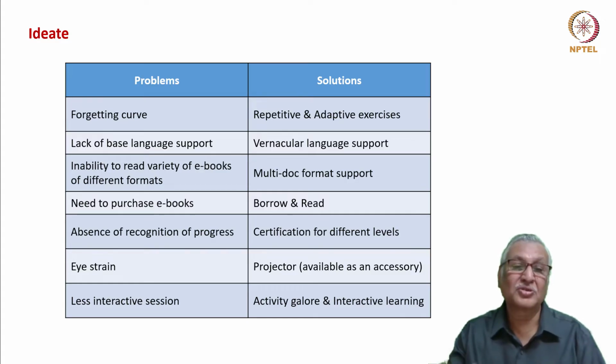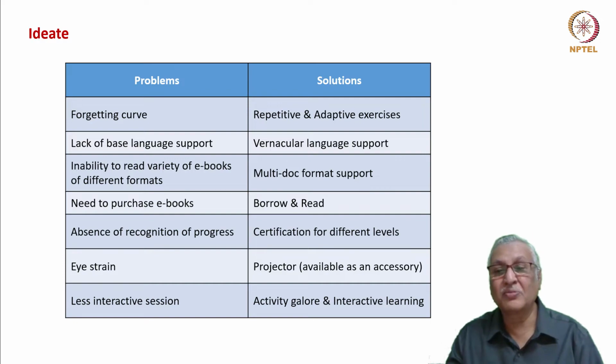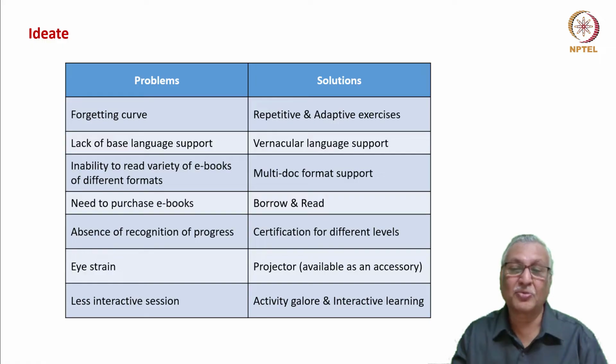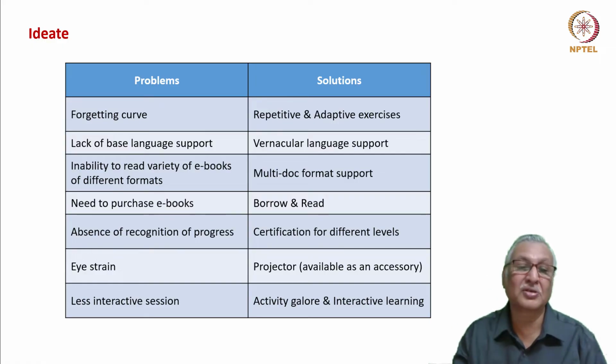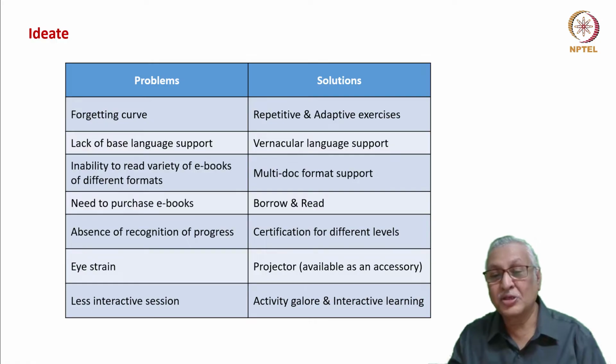So, the problems and solutions in the ideation phase. Forgetting curve: you overcome that by repetitive and adaptive exercises. Lack of base language support: you overcome that by integrating vernacular language support in the solution. Inability to read a variety of ebooks of different formats: you overcome that by multi-document format support.